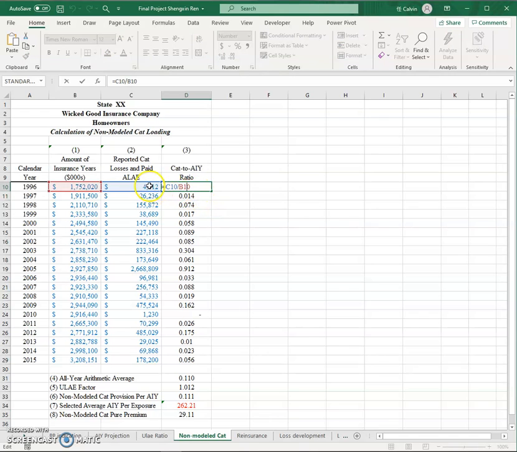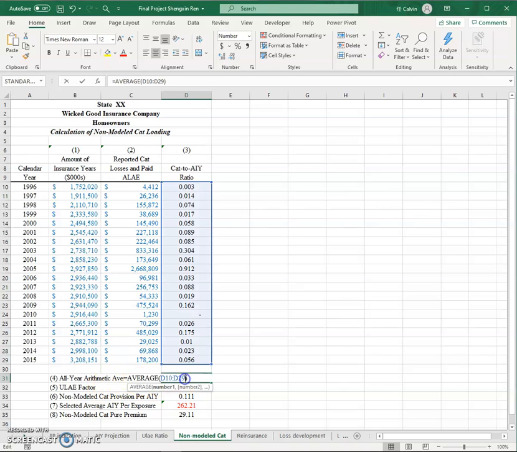Use the reported cat losses and paid ALAE divided by the amount of insurance years. Get a cat to AIY ratio. Same for the next year. Three decimal places. And then for the all year arithmetic average, it's just average equals average.